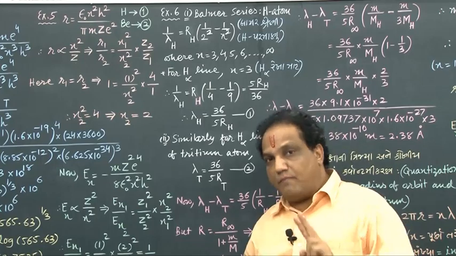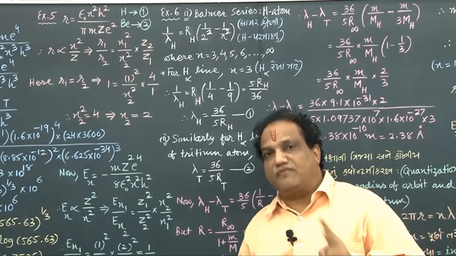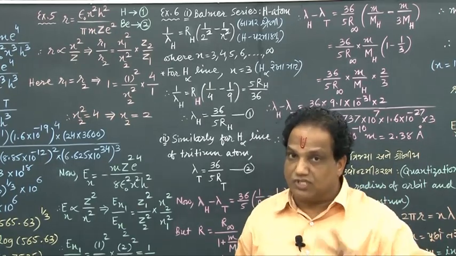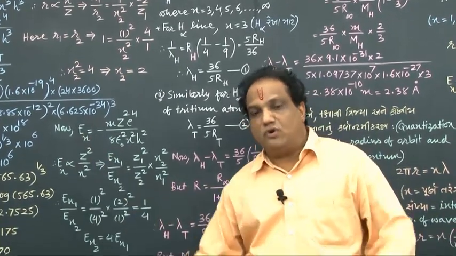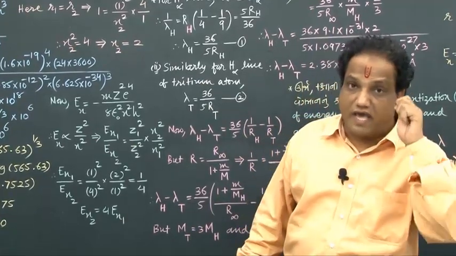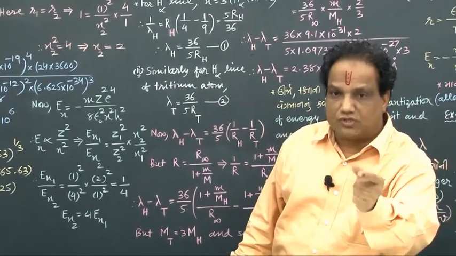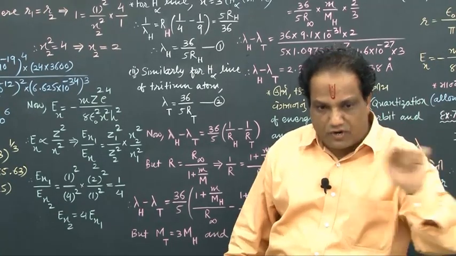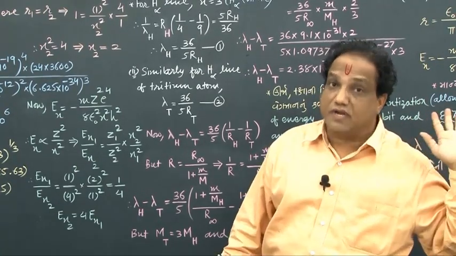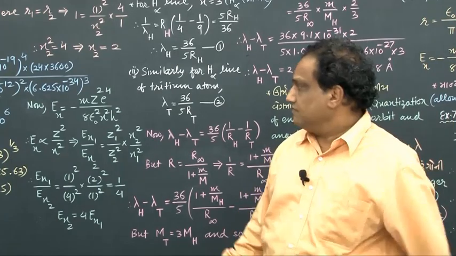Now we are asked to compare the total energy values of the electron in these two states for these two elements. Let us compare. Recall the formula of total energy of the electron in the nth circular orbit. It was En equals minus m z square e raised to 4 upon 8 epsilon 0 square n square h square.